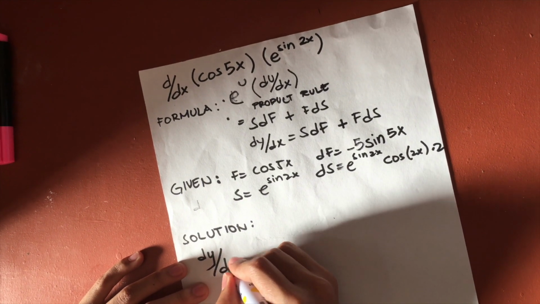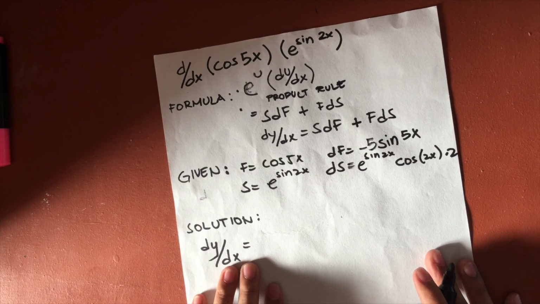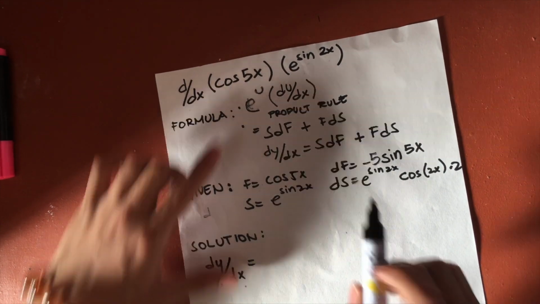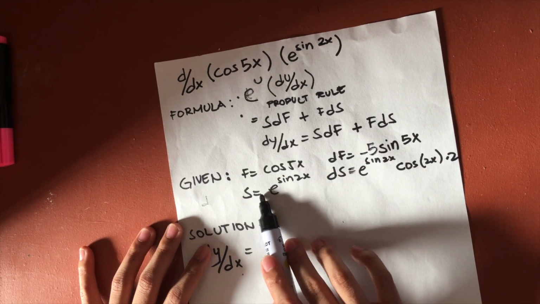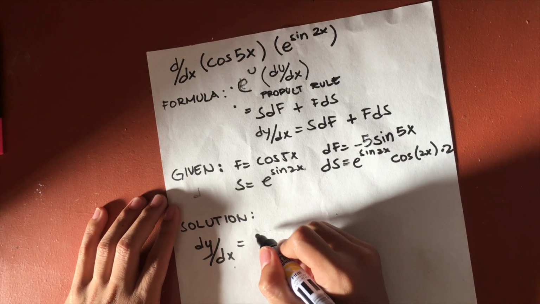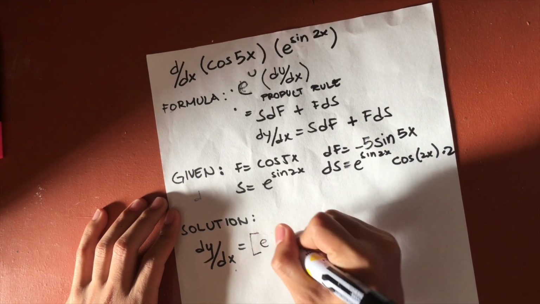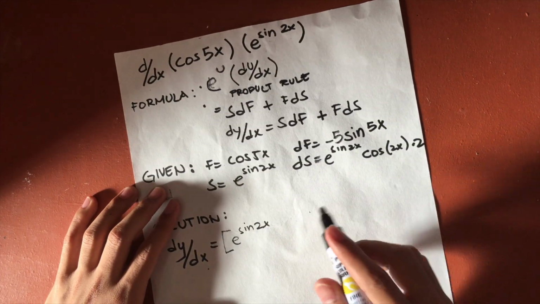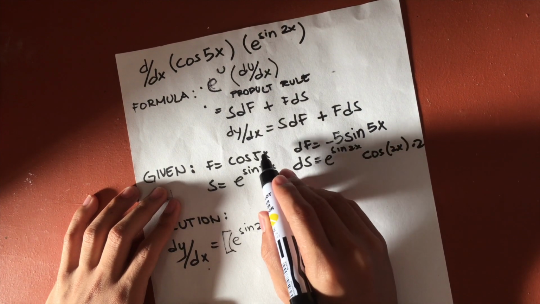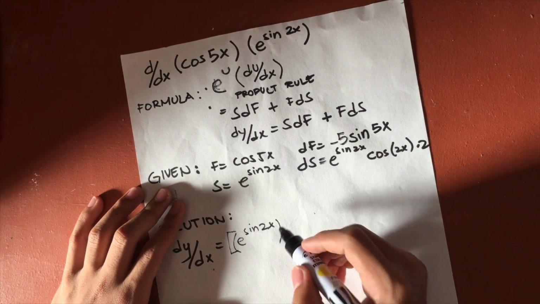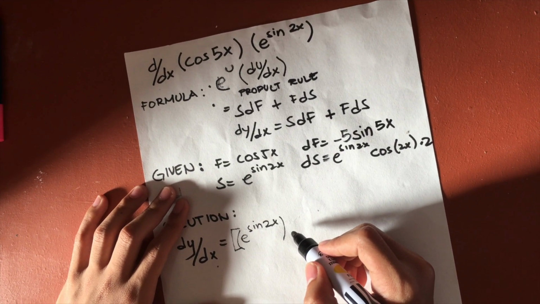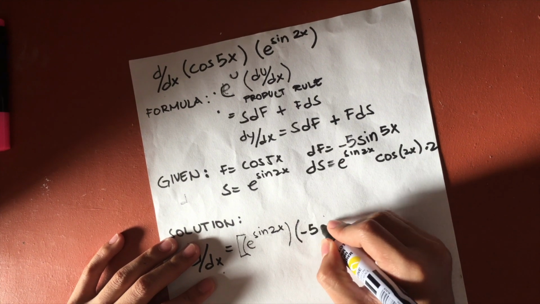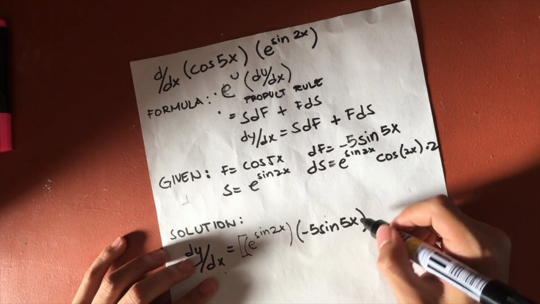First, apply this formula of the product rule: the second equation, e to the sine of 2x, in a quantity, times the first derivative, negative 5 sine 5x in a quantity.